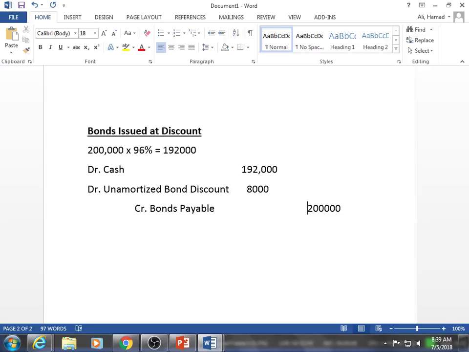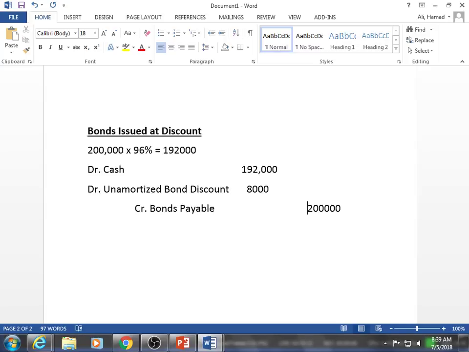So with the same example, the transaction says Carrot issues 200,000 of 7% 5-year bonds. This time they are issuing them for 208,530. So we have an additional 8,530 above the 200,000.